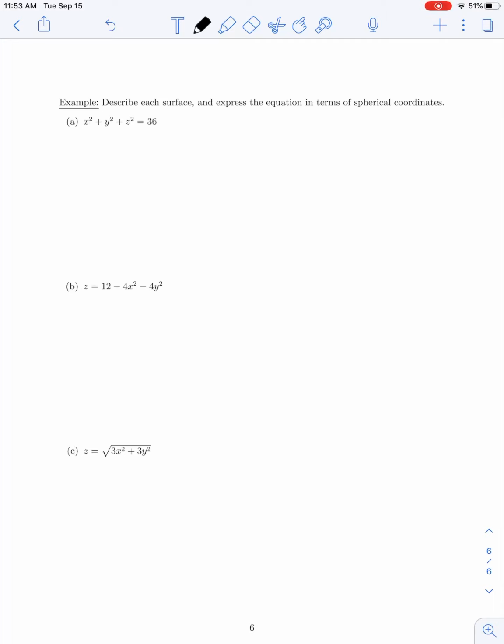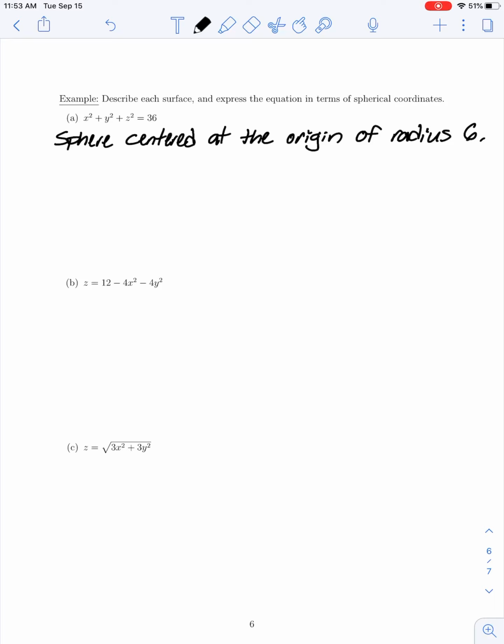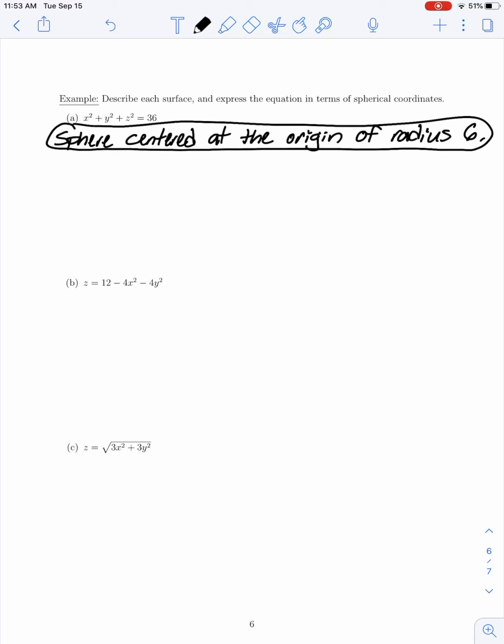So looking at part A, we have x squared plus y squared plus z squared is 36, which represents a sphere centered at the origin of radius 6. So here is our description of that surface. And we're supposed to then convert this to an equation in terms of spherical coordinates.